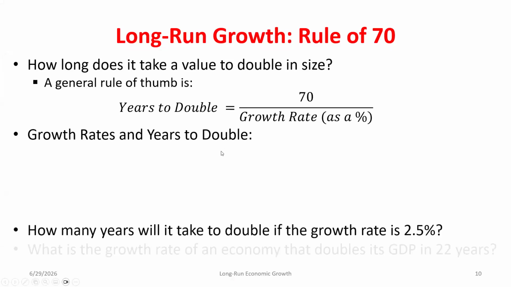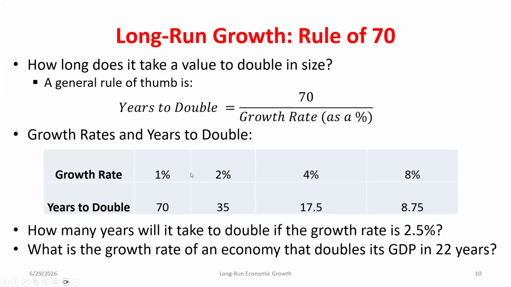So, for example, at 1%, the number of years it would take to double is 70 over 1, or 70 years. At 2%, 70 over 2 would be 35, and so on and so forth. Notice, as the growth rate goes up, the number of years it takes to double goes down, right? Our GDP is growing faster, and so it won't take as long to get that same doubling.